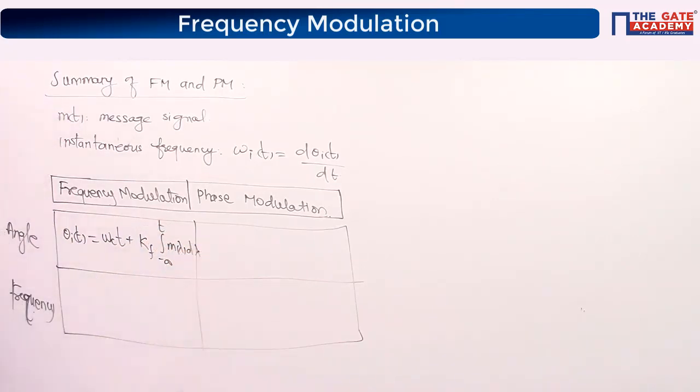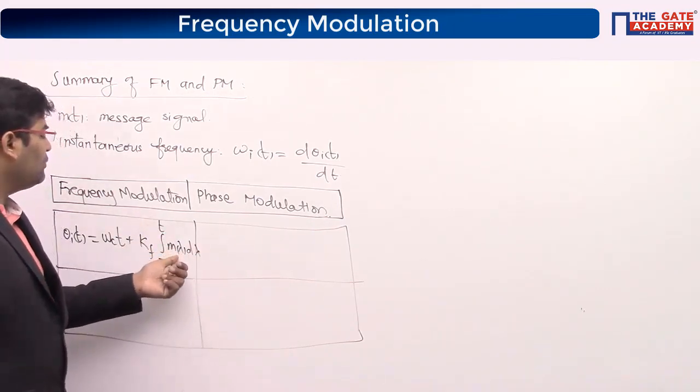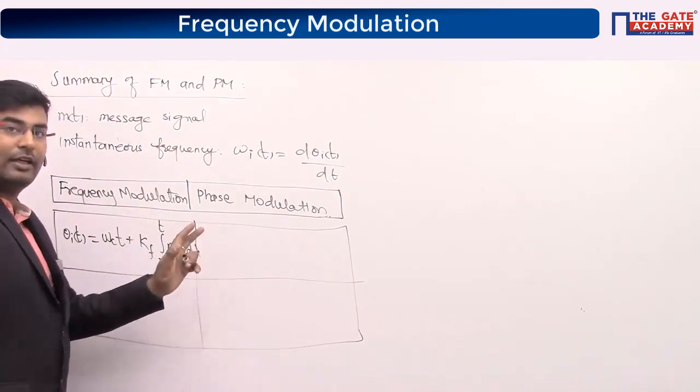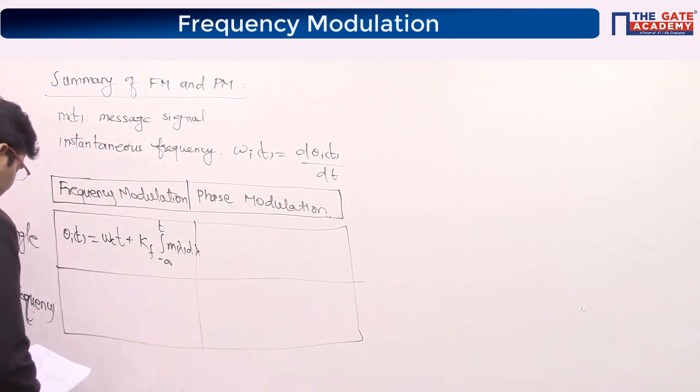The moment I write this, a lot of students start getting confused. It is not integral of m(t)? If you want, just put m(t). That's okay. It's again integral only, so don't panic.